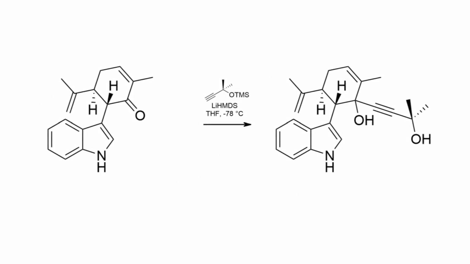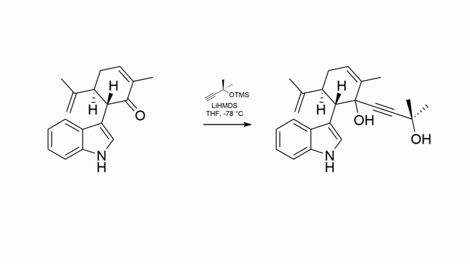For the next step, it's an alkyne with LiHMDS again. It's just like the conditions before. It's THF at -78 degrees, and this temperature is actually very critical because if you do this reaction at very high temperatures, it's very dangerous because the LiHMDS is very active.